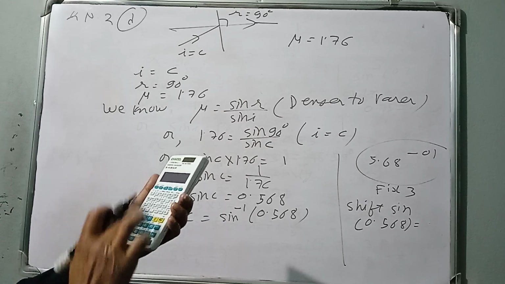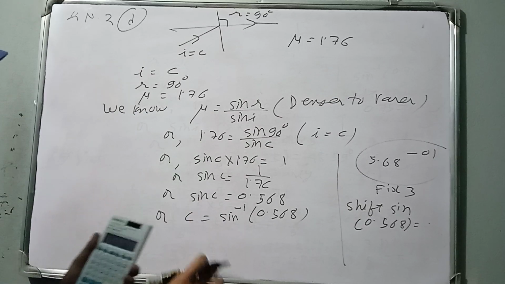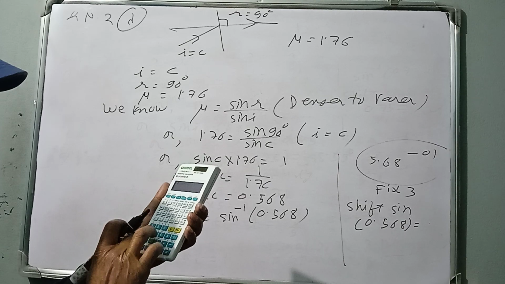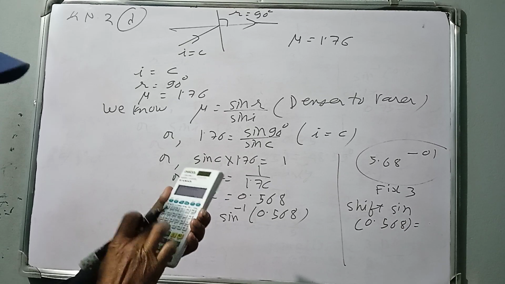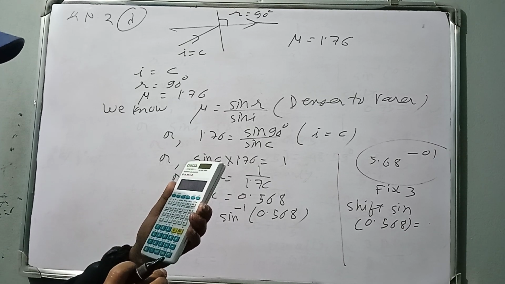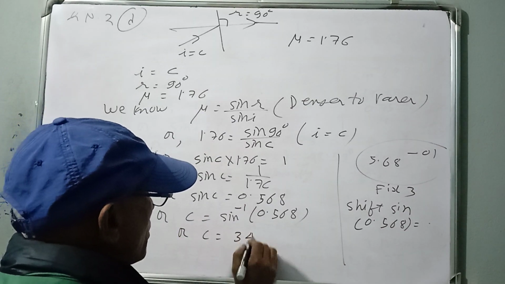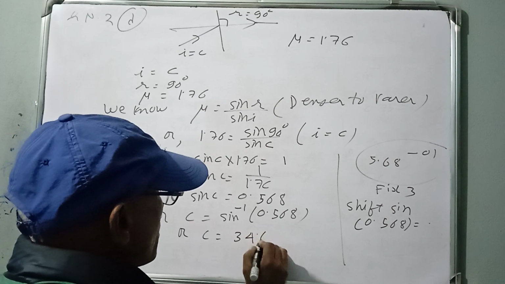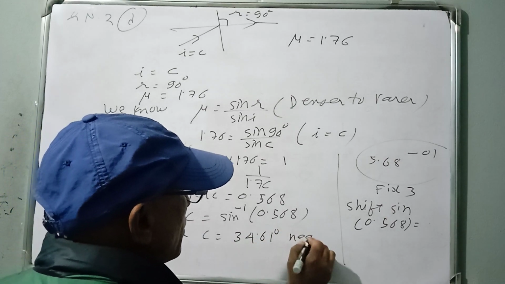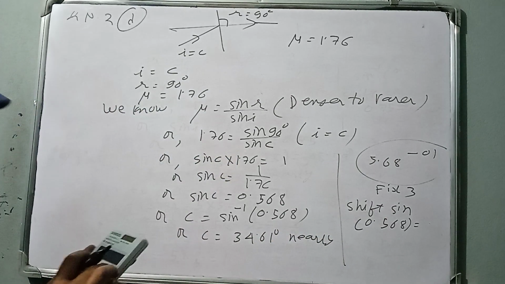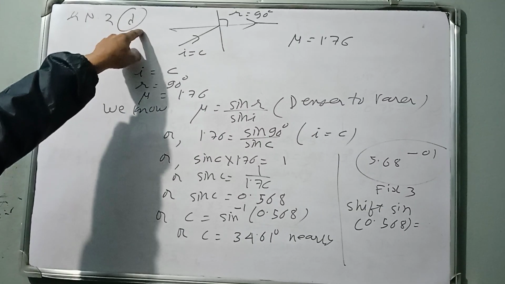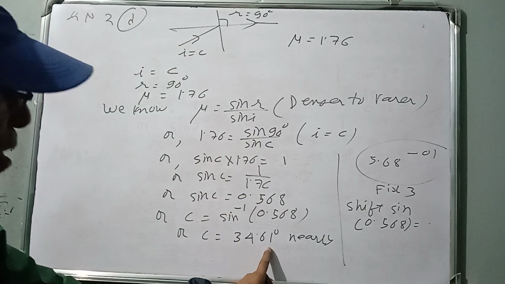See, shift sin means sin inverse 0.568 equals 34.61, or C equals 34.61 degrees nearly. So the angle of incidence in this case is 34.61.